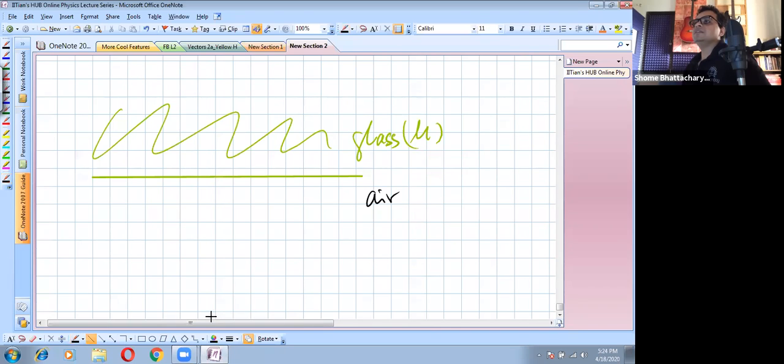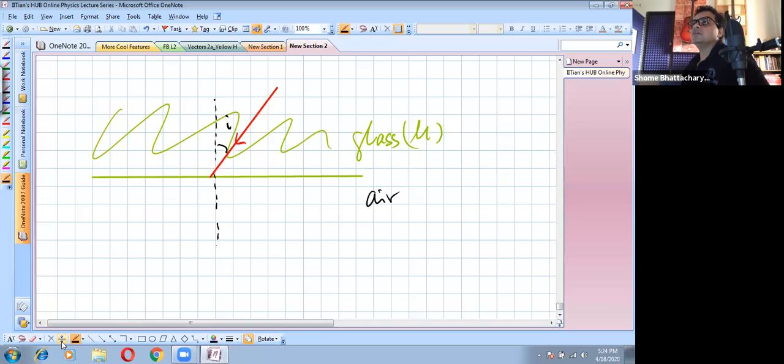Now there's an incident ray which is making the journey the other way, coming from glass, incident at a point like this, such that if we drop the normal, this is my angle of incidence.